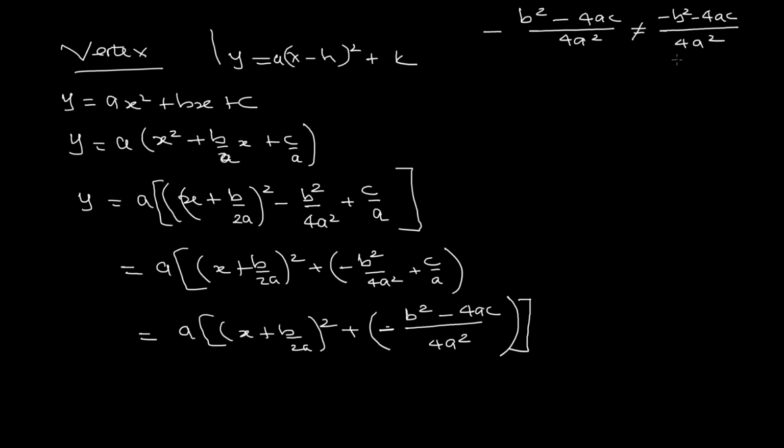These are different. This is the same as this, and this is the same as that. Notice where the negative now is. Different places. I can't expand this negative to anywhere else. I'll have to keep it there.